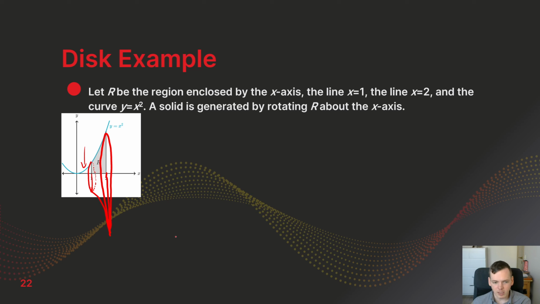So the question is, how are we going to slice this into discs? Well, we're going to slice it vertically like this, because that's going to make a bunch of circles, because we're always y equals x squared away from the x-axis, so that's going to trace out a circle.